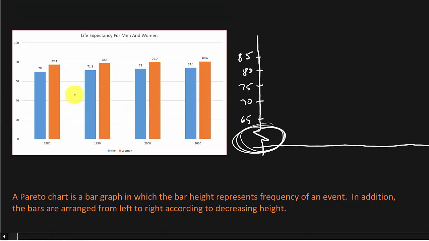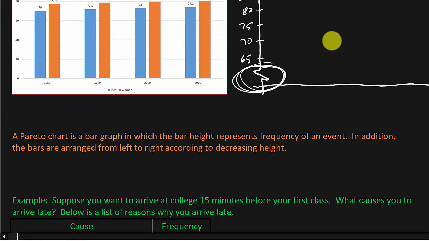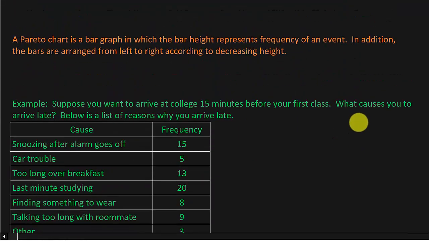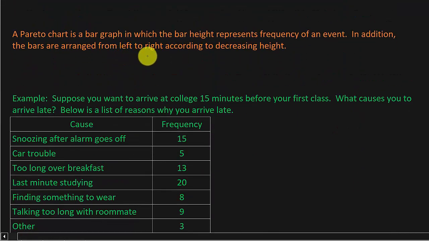And in this one, we're not going to have double bars at one category. We'll just have one bar there. But for a Pareto chart, the main thing here is you've got to arrange them in order from largest to smallest, going left to right.